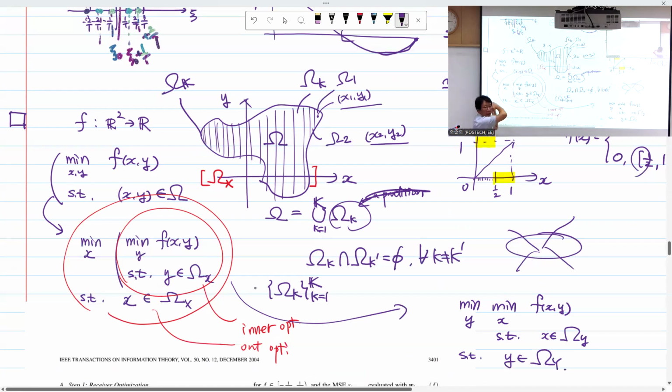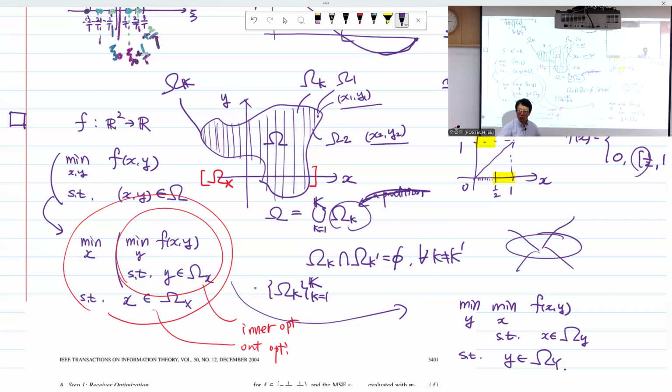By slicing the subset, the constraint set, into these parallel lines parallel to the x-axis. These two are very typical partitions of the constraint set, right?